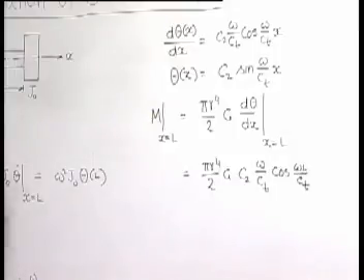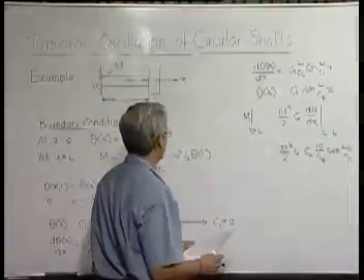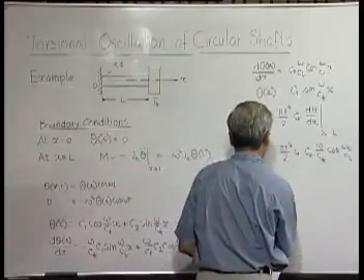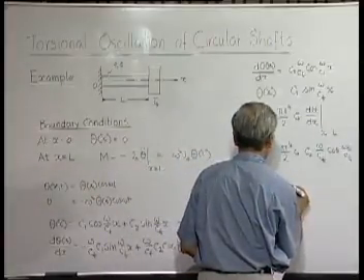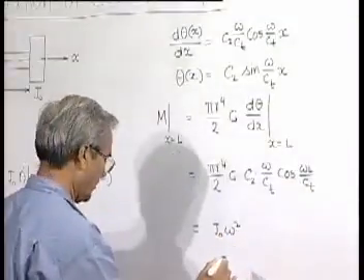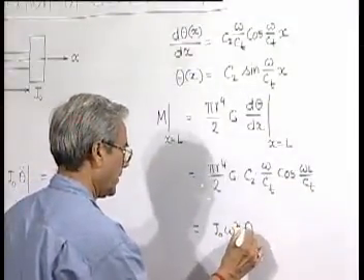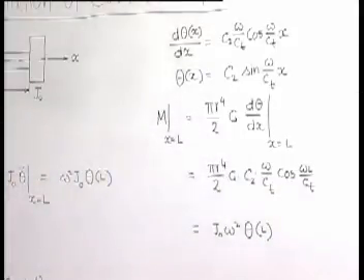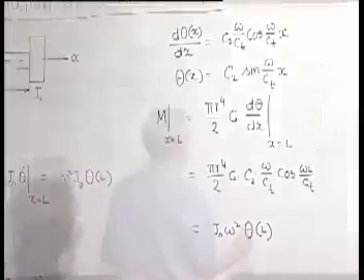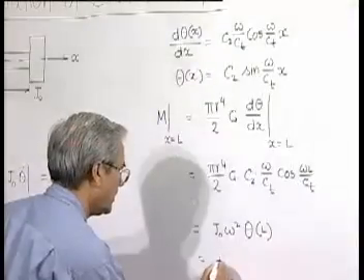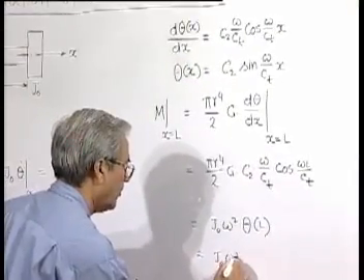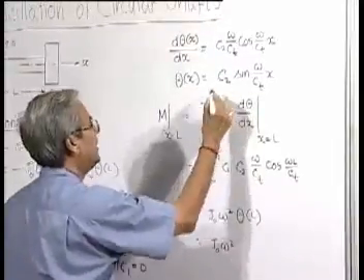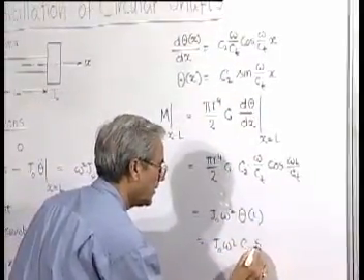and this we have found out already, which is equal to J0 omega square theta L, and theta L will be nothing but C2 sine omega L by Ct.